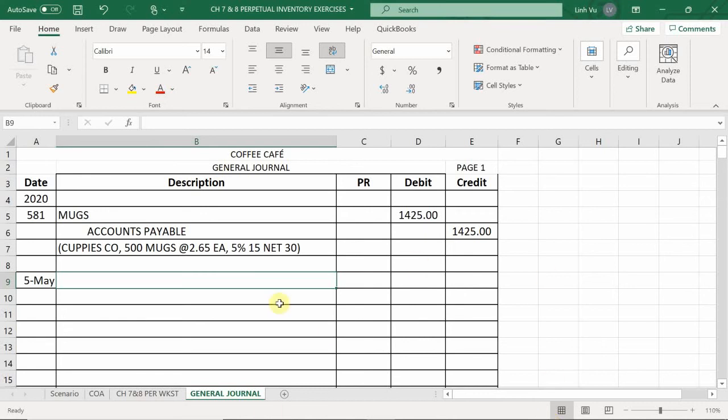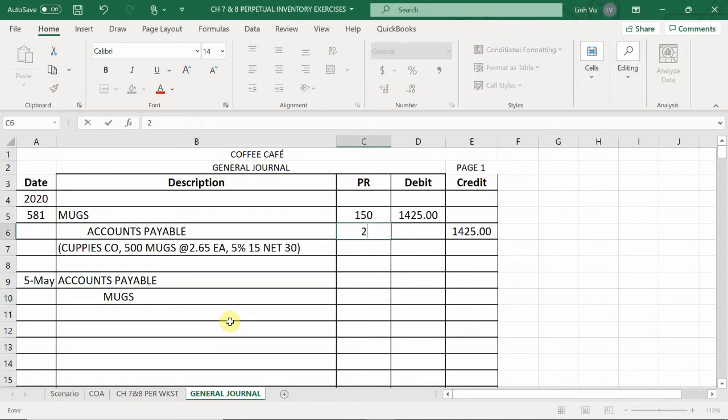We're going to be refunding the money to our accounts payable because, once again, we never made a payment. So the only option we have here is to reduce our liabilities. And we're going to take it directly out from our mugs account. I forgot to type these in here. Accounts payable was 201, and our mugs account for inventory was 150.